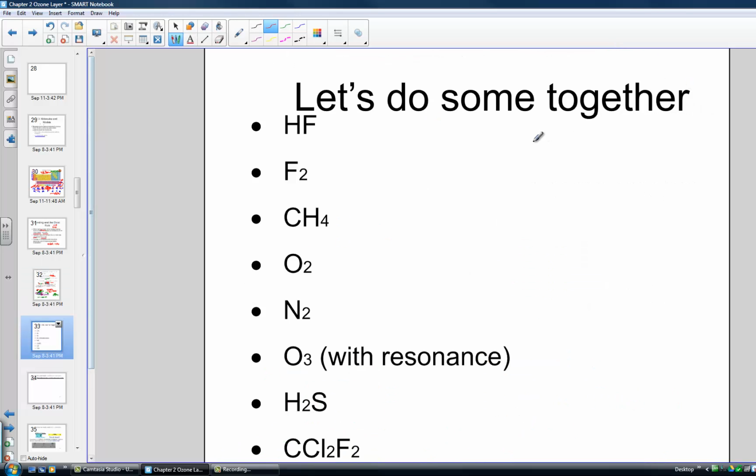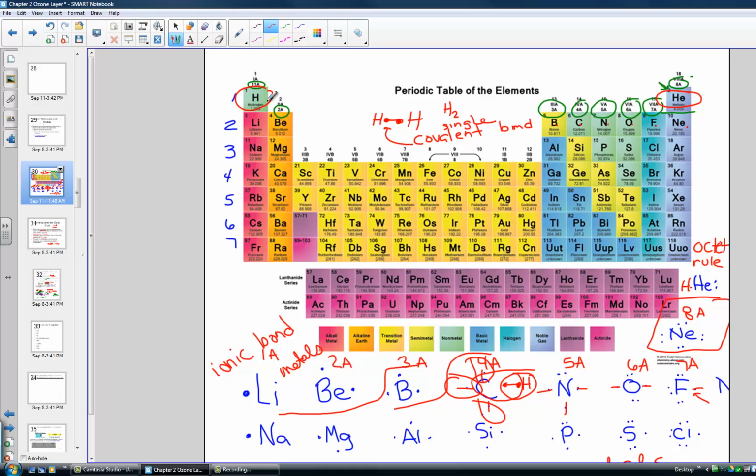Why don't we just practice together and get the feel of how to draw Lewis structures? We'll start with some simple structures. Hydrogen fluoride, HF. Hydrogen has 1 valence electron. Fluorine has 7 valence electrons.